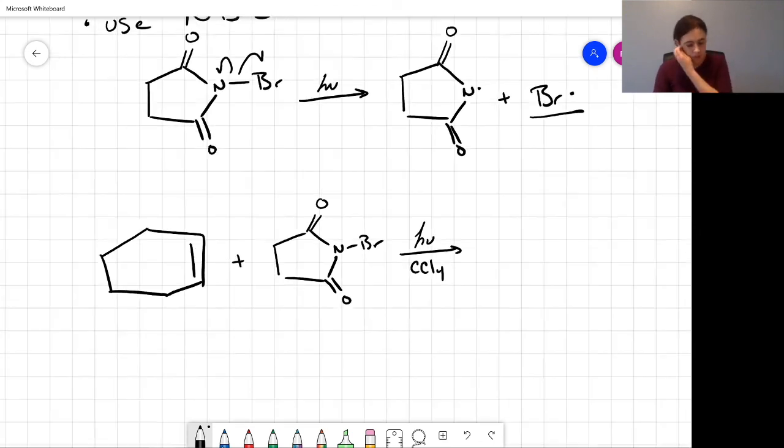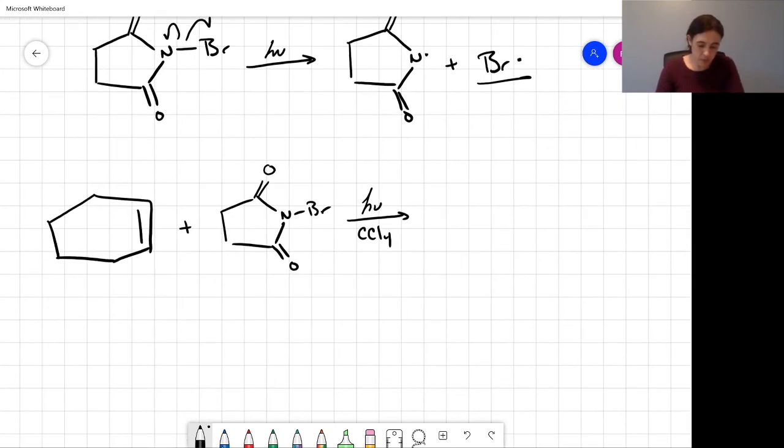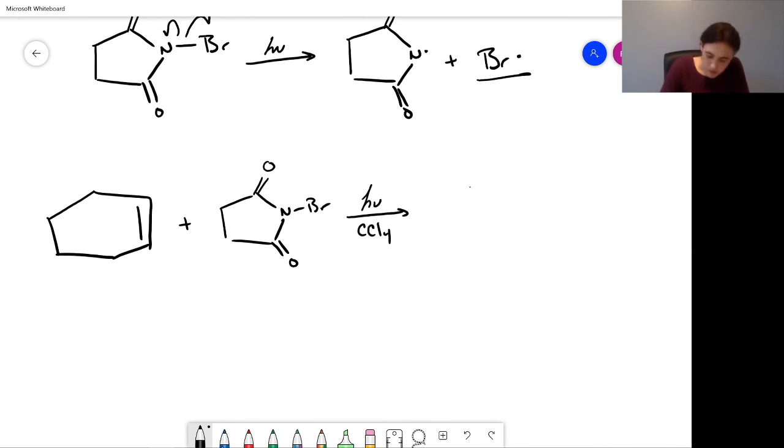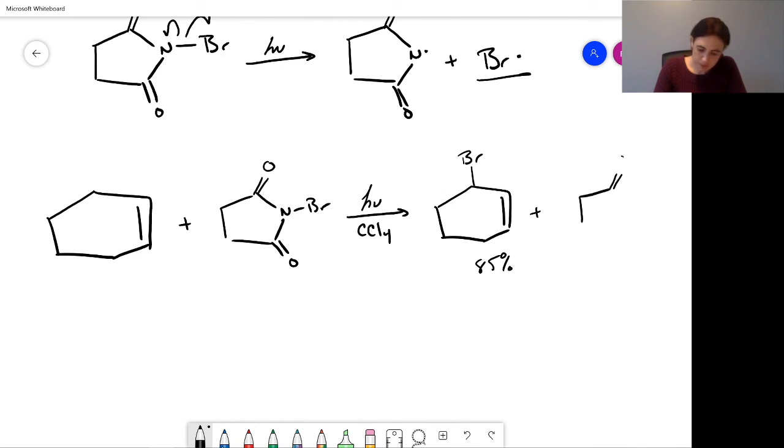I'll mention that NBS is poorly soluble in a lot of solvents, but it will actually work. What you'll end up getting from this is your desired product in roughly 85% yield, and succinimide.